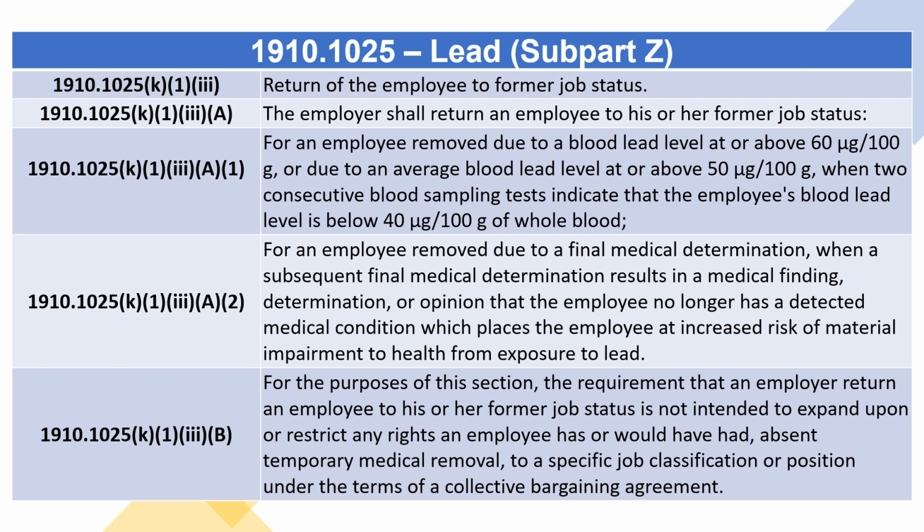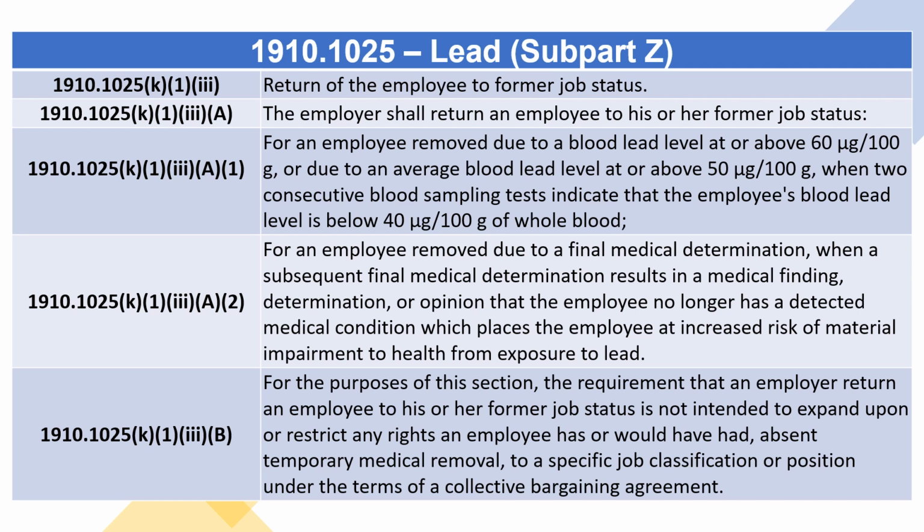For an employee removed due to a final medical determination, when a subsequent final medical determination results in a medical finding, determination, or opinion that the employee no longer has a detected medical condition which places the employee at increased risk of material impairment to health from exposure to lead.